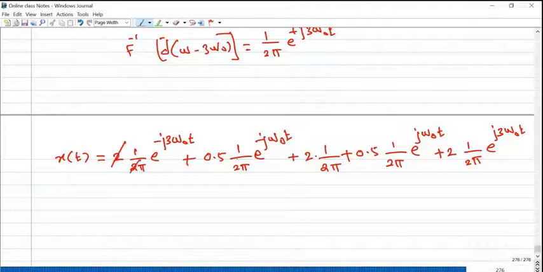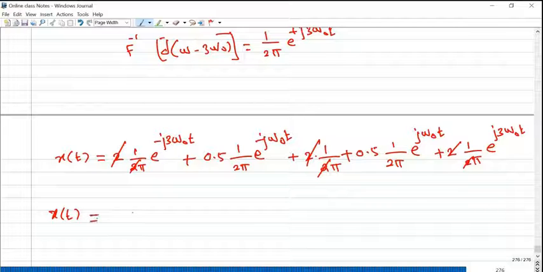So cancel this 2. Then write down your final answer. If possible, simplify.